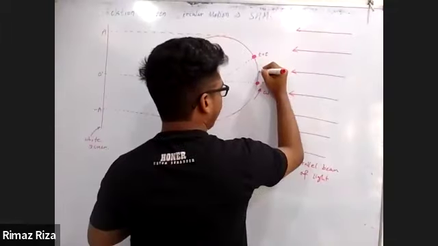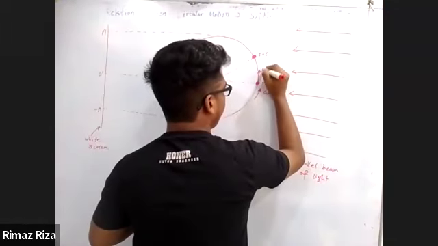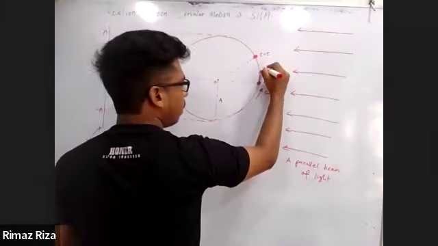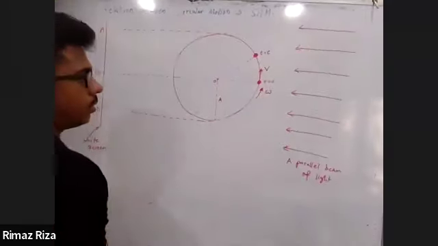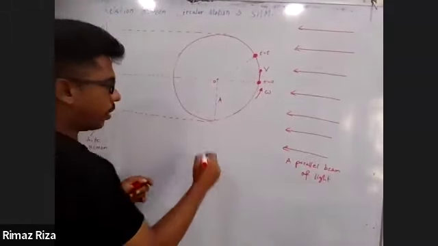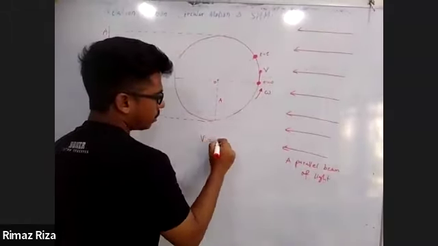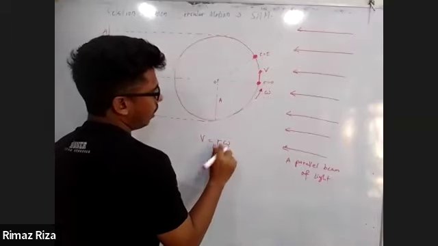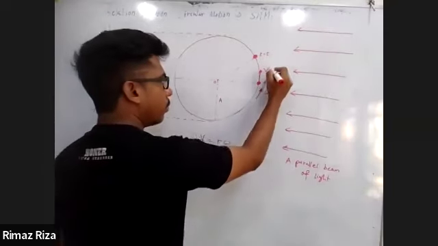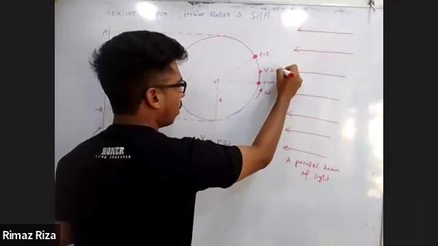Let's say the tangential velocity here is v, and that v is given by, as you have studied in rotational motion, v equals r omega, radius into omega, right? So here the radius is A, therefore v equals A omega.